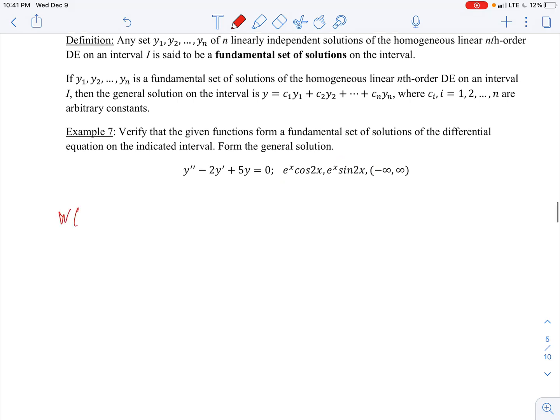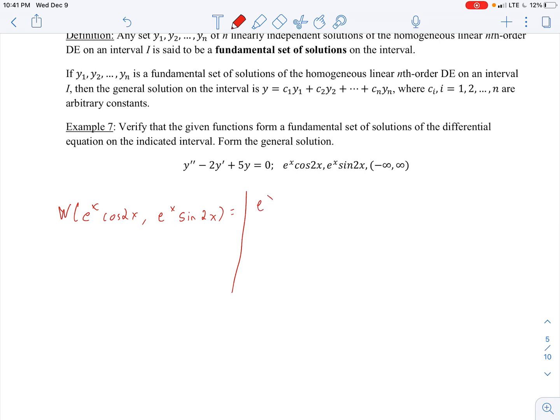The Wronskian of e to the x cosine 2x, e to the x sine 2x, set that equal to, all right, so now we're starting with our e to the x cosine 2x, and then e to the x sine 2x. Let me go ahead and move this over because I'm going to have to take some derivatives of that.